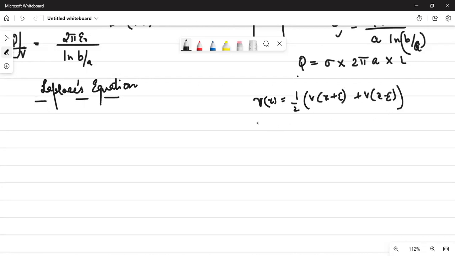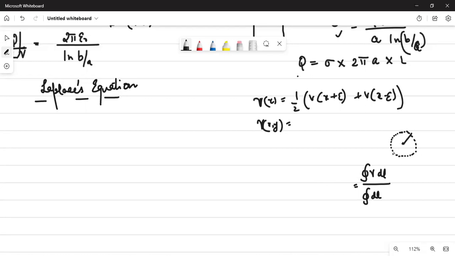In two dimensions, we were able to write V(x,y). For example, let us say this is our point, and if we want to find the value of the potential at point x comma y, then this will be equal to the integral of V dl divided by the integral of dl.